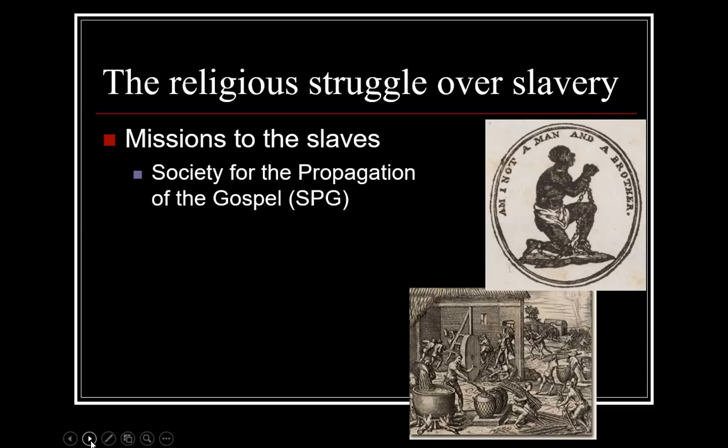It was started in 1701 by a man named Thomas Bray. There were some others as well, but Bray's kind of the major force in this. Predominantly when it develops, it's focused on sending clergy, sending literature to Britain's colonies in various places, including the American colonies.